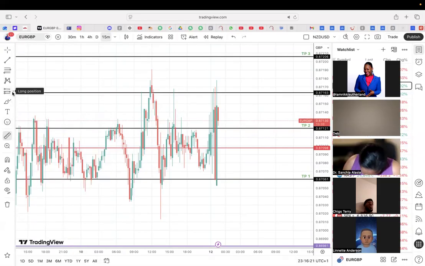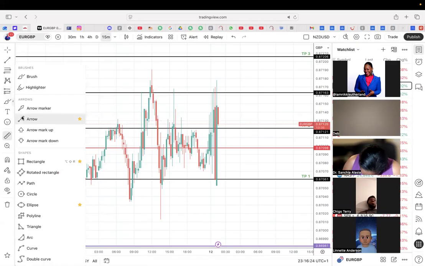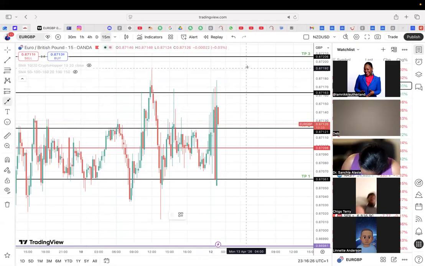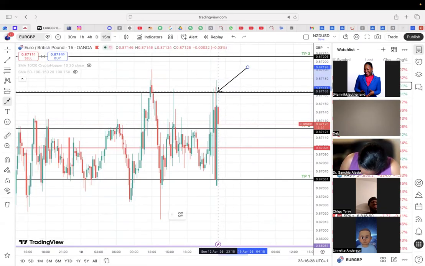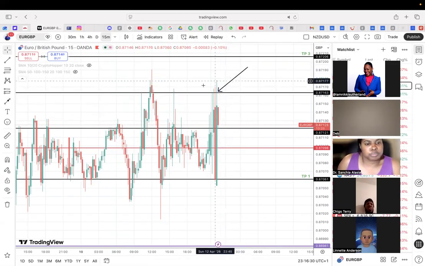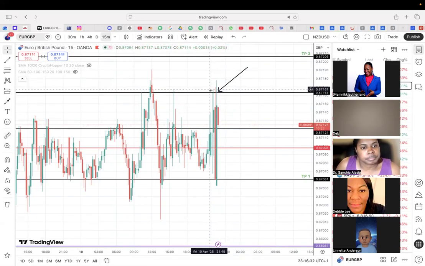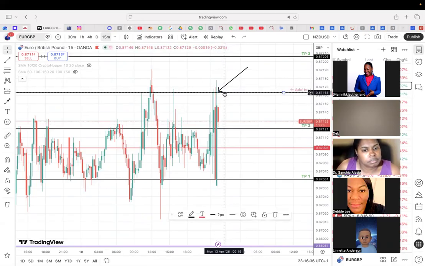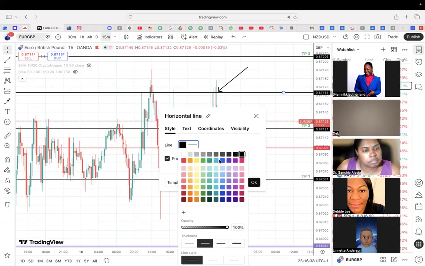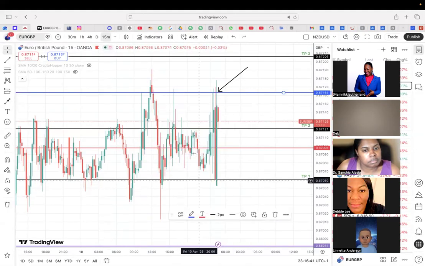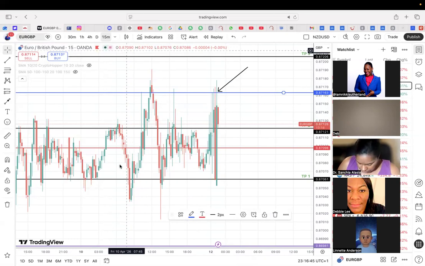So if I'm going to get my arrow here, and I'm looking at this line right here, can we all see at this point, every time this market has hit this line, and I'm going to change this line to make it blue just so we can see, the market goes down. I want you to type down inside the chat if you see that.